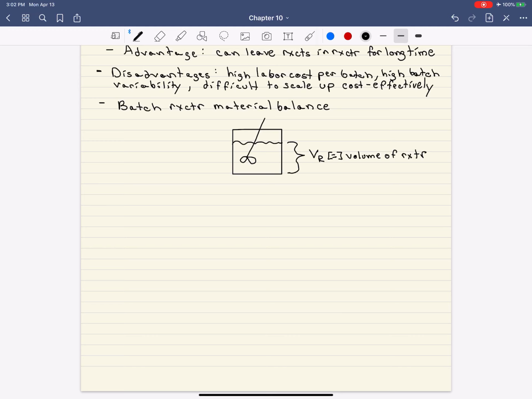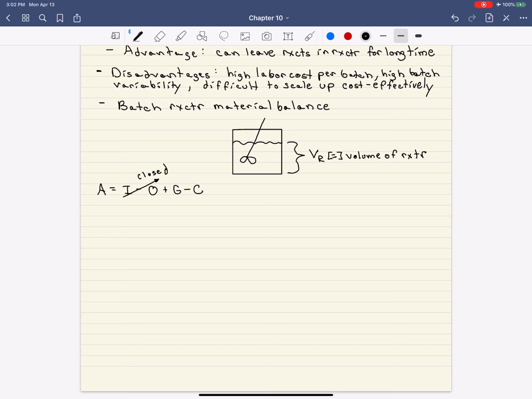All right, and so that's going to be the diagram for our batch reactor. Let's now go to the material balance. So we'll start with our general material balance equation. Accumulation is equal to input minus output plus generation minus consumption. So with the batch reactor, it's a closed system. There's no mass that crosses the system boundaries at any time. So our input and output terms, those are going to be 0. And I'm just going to write closed here. Okay?